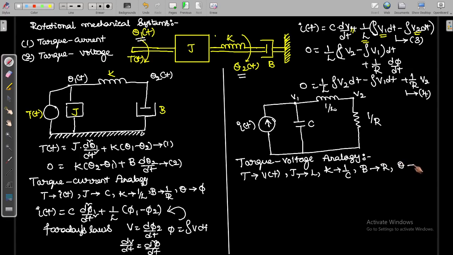So now you substitute this torque voltage analogy in equations 1 and 2.